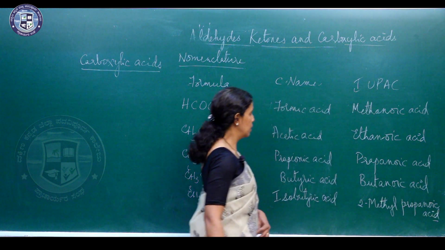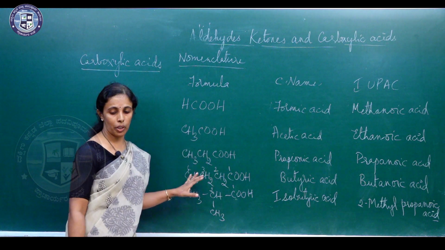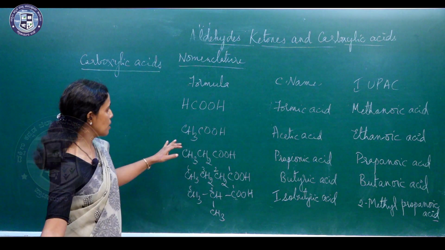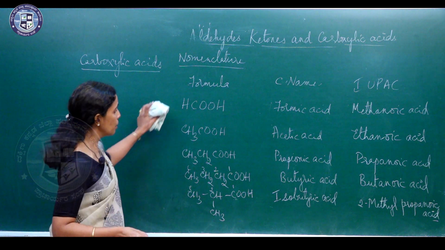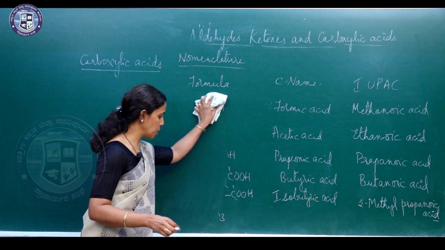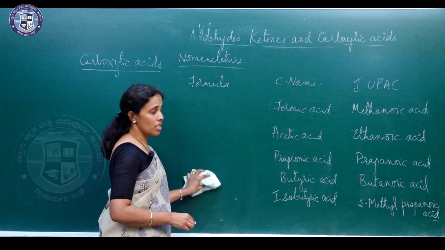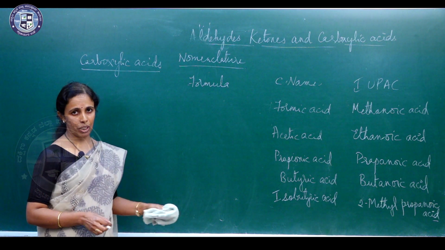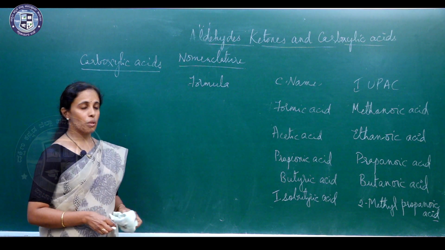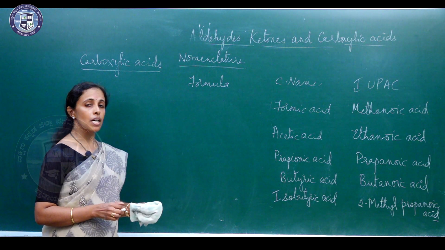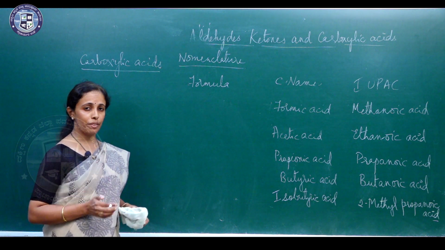Okay. So, till now we discussed about monocarboxylic acids, that is those carboxylic acids having just one COOH group. So, next we will discuss about the IUPAC naming of dicarboxylic acids. So, these dicarboxylic acids are named in a slightly different way.